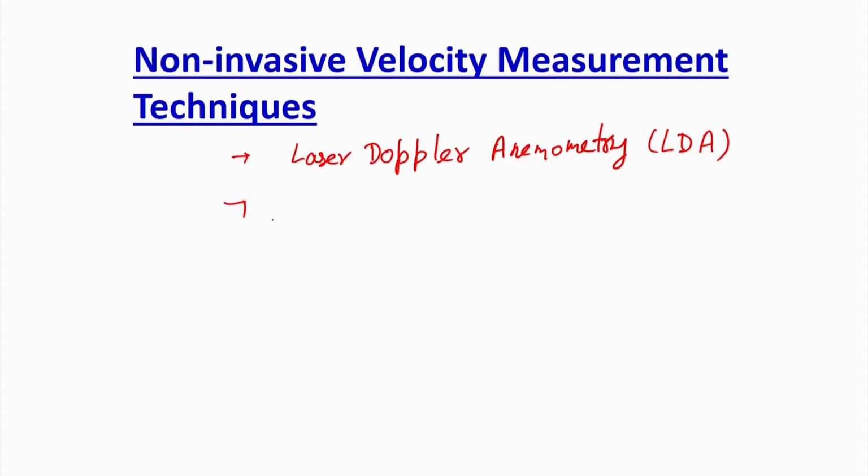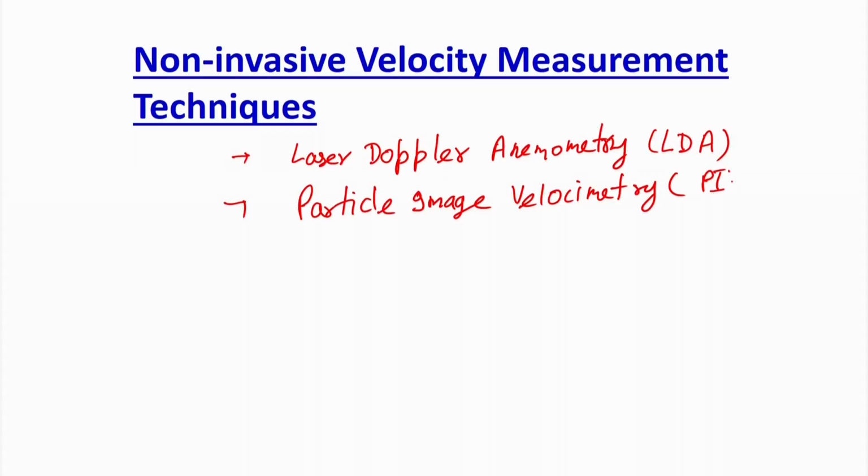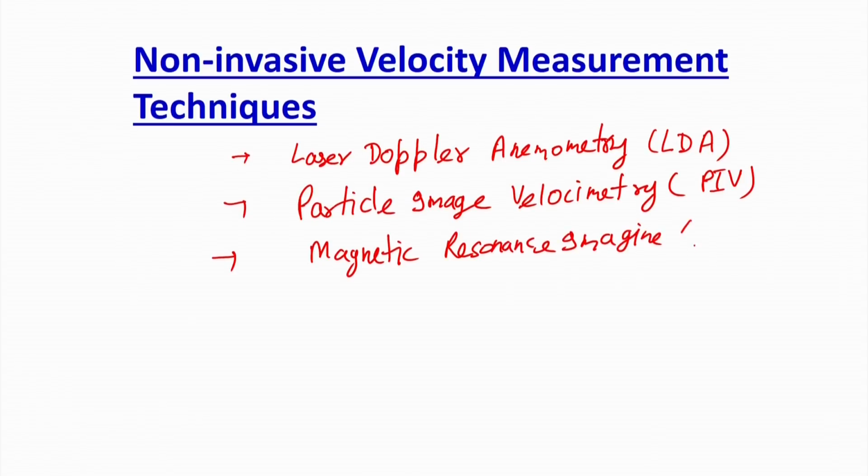We will discuss particle image velocimetry, we call it PIV. Then we will discuss magnetic resonance imaging, that is called MRI.